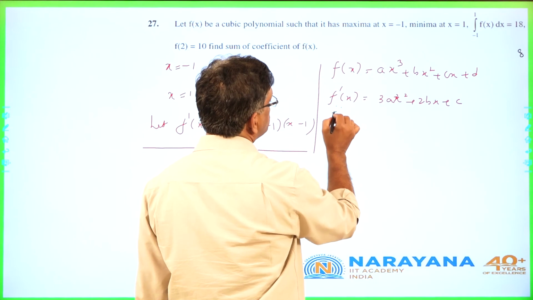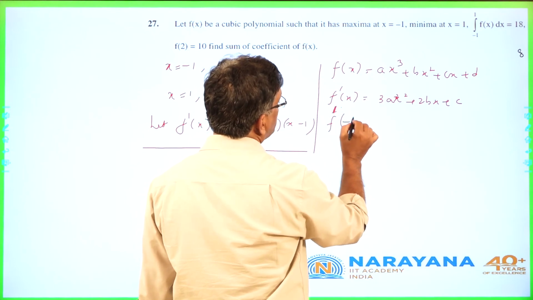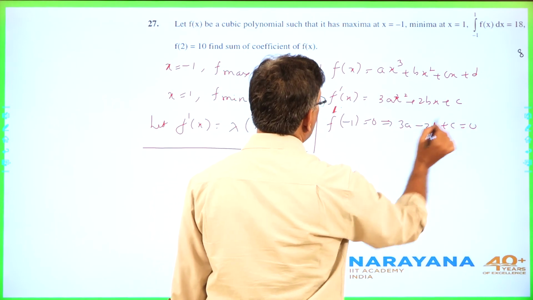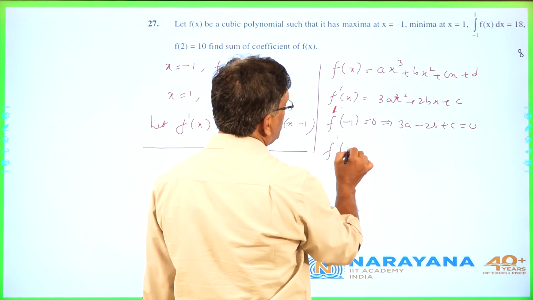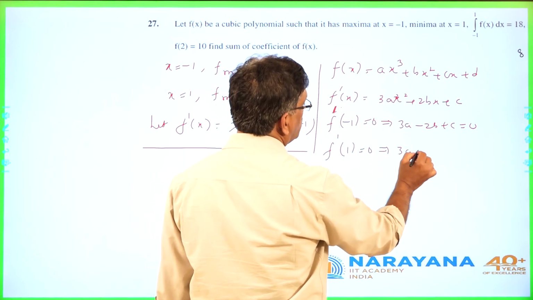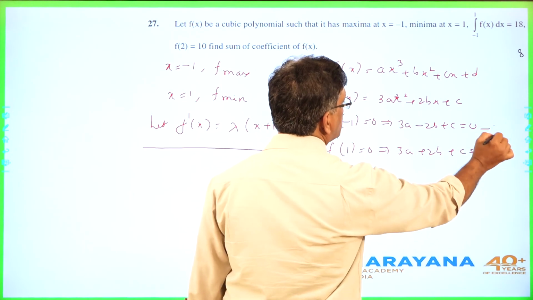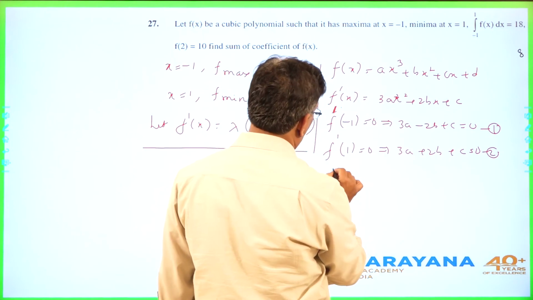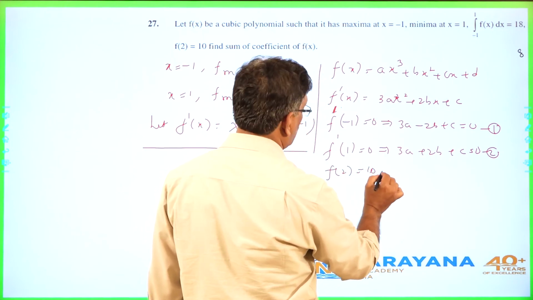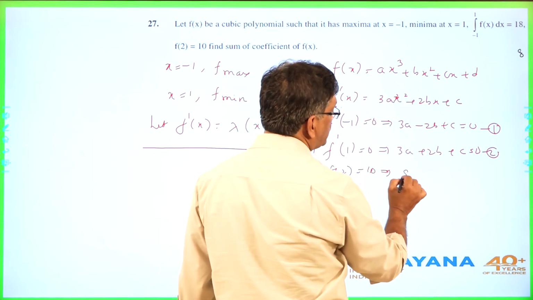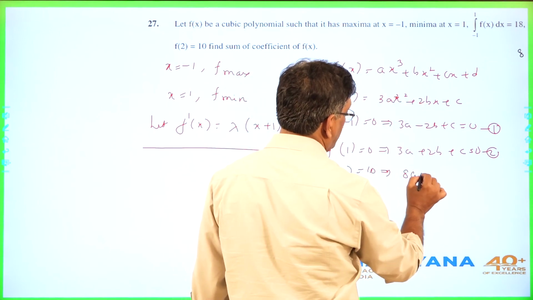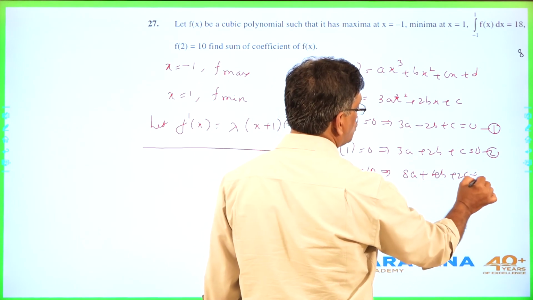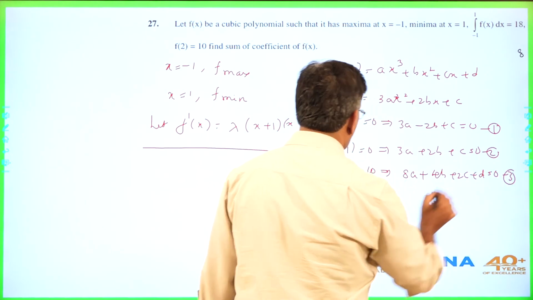f dash of minus 1 equal to 0, that is 3a minus 2b plus c equals 0. Next, f dash of 1 is also 0, 3a plus 2b plus c equals 0, right? And also f of 2 equal to 10, that is 8a plus 4b plus 2c plus d equal to this.